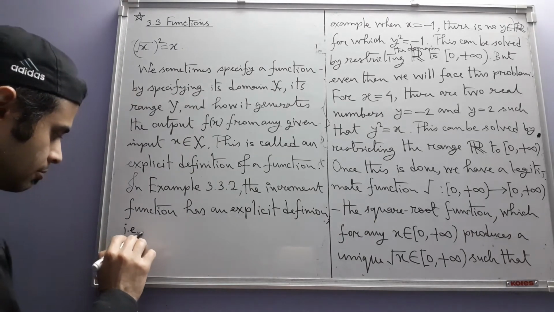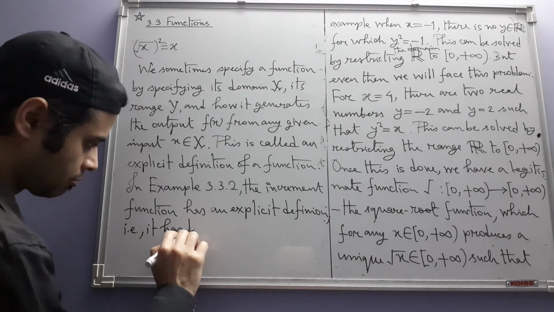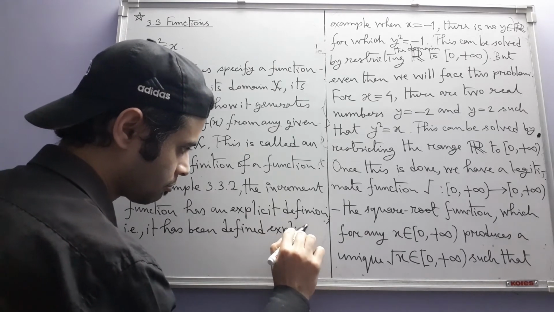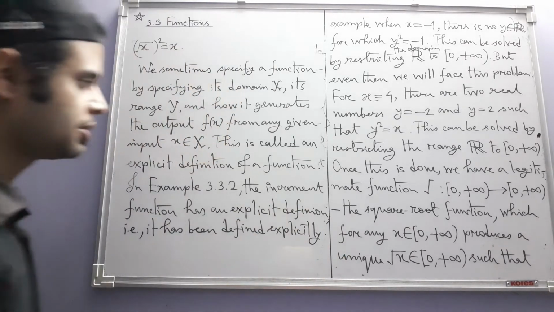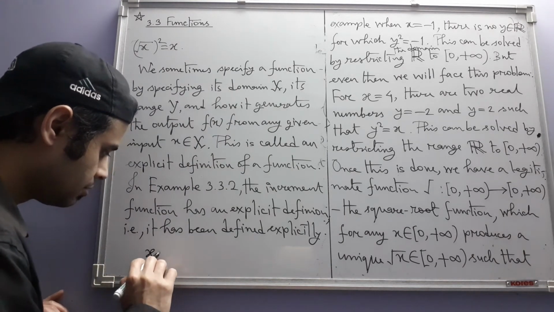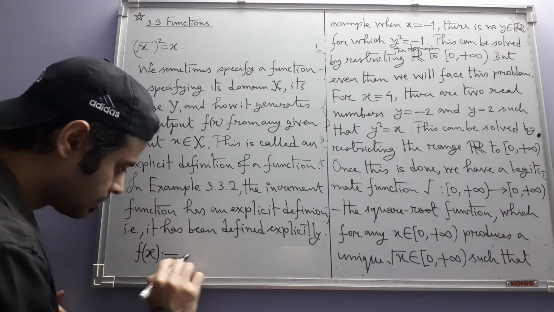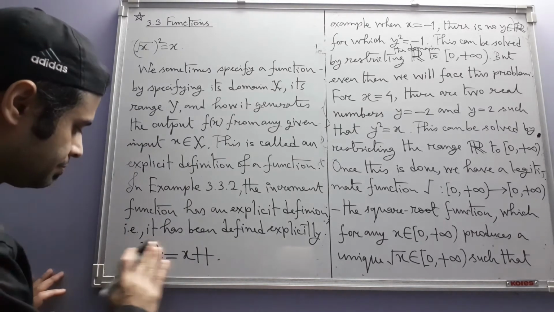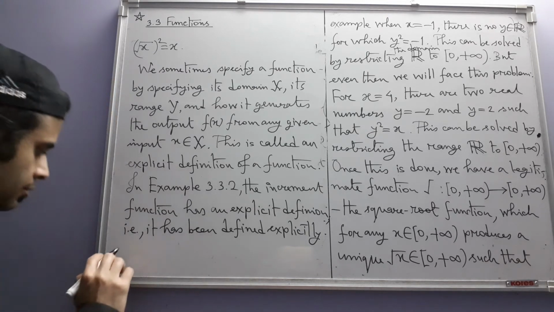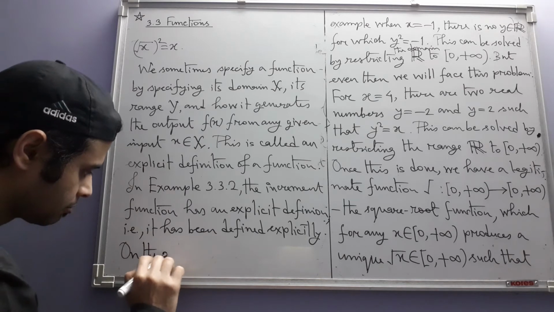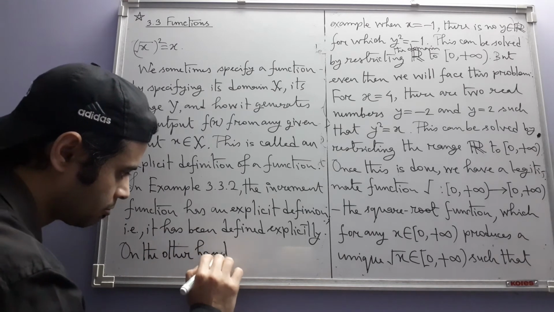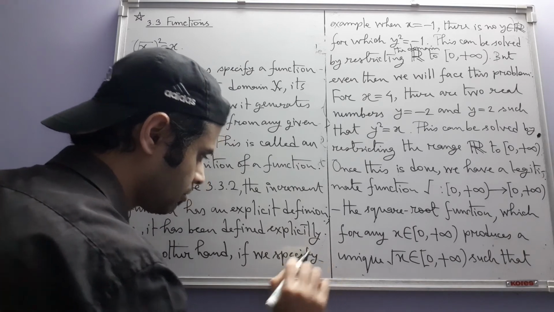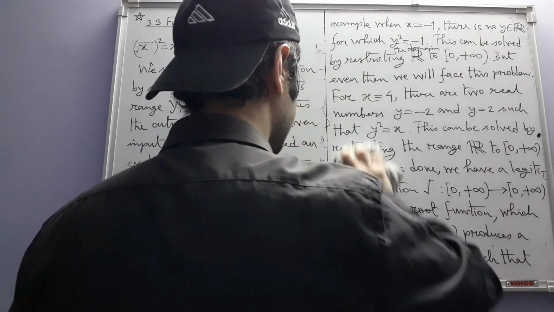That is, it has been defined explicitly. For a given x, we are saying what the output is. Explicitly, we are saying how to generate the output. As opposed to this, on the other hand, there is another way of specifying a function.